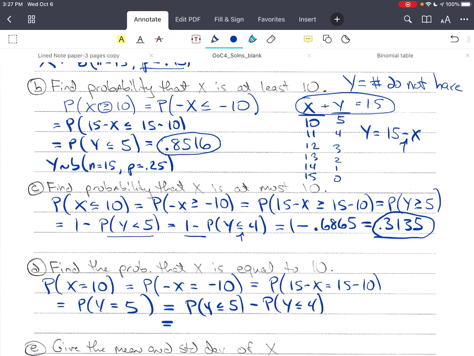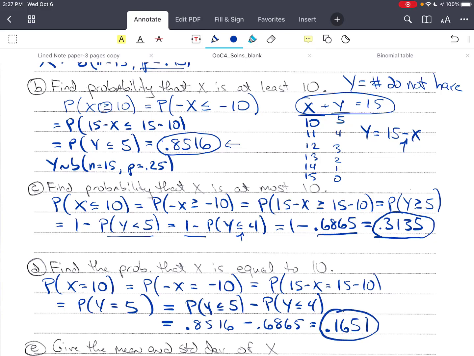Okay? And we can look both of these up in the table. In fact, we have these numbers up above. Here's the less than or equal to 5, so that's 0.8516. And then the 4 is 0.6865. And I'm going to use a calculator for this one to make sure I don't make a simple subtraction mistake. 0.8516 minus 0.6865 gives me 0.1651.